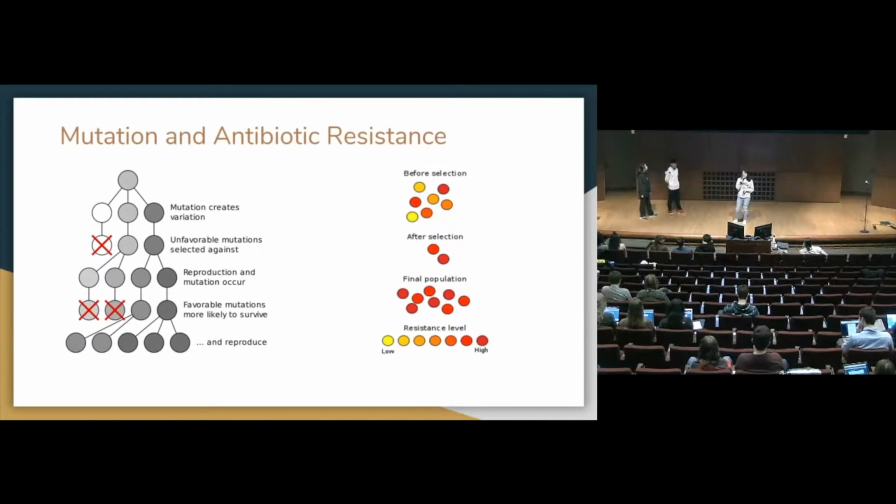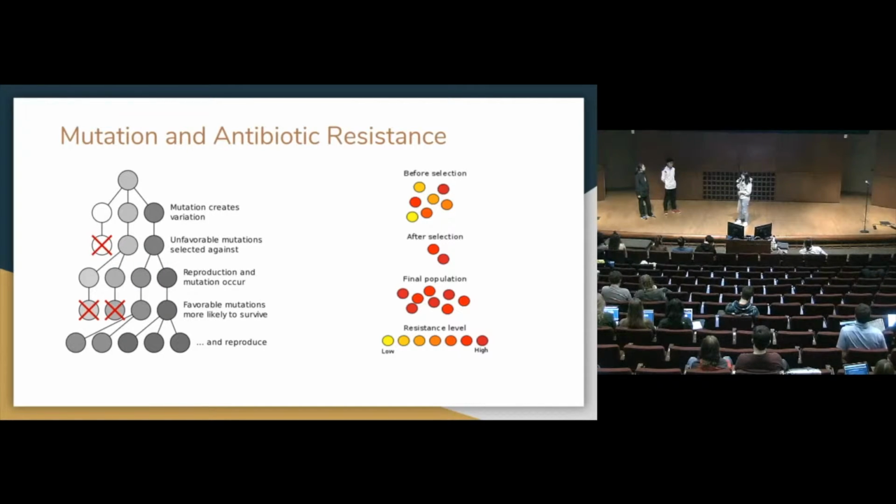And in the experiment we did on antibiotic resistance in bacteria, the mutation creates variation of different traits. So like the chart on the right shows, before selection, the mutations cause a bunch of different traits in bacteria.